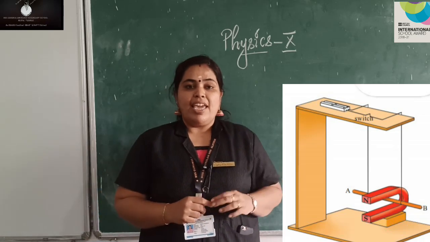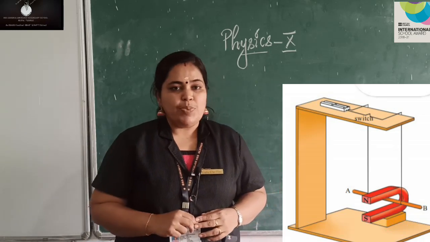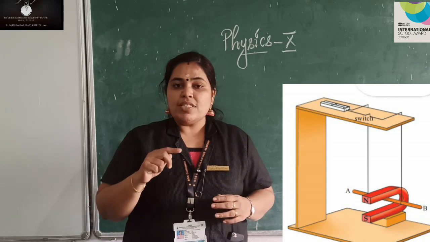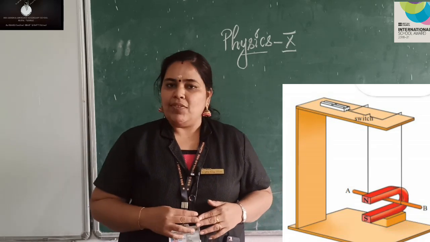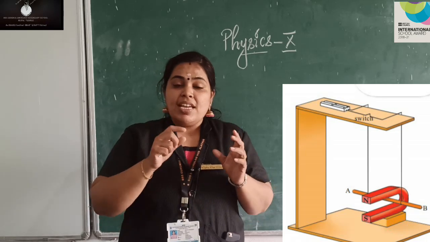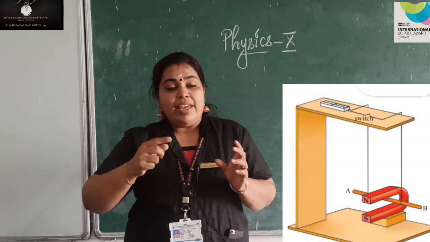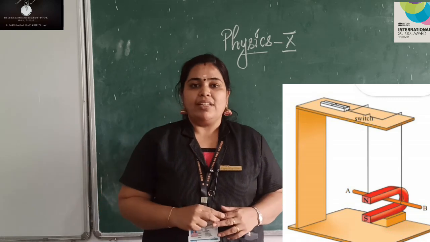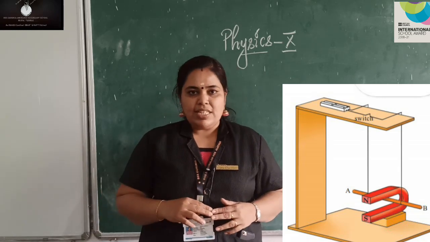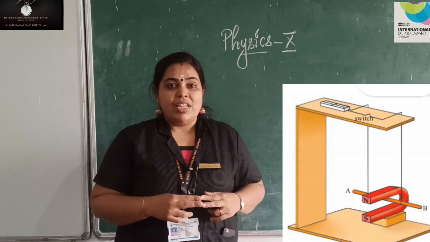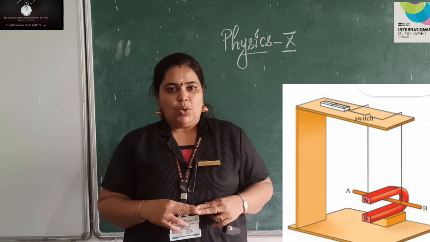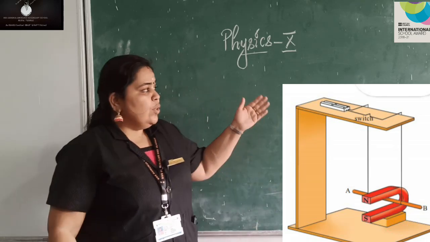Here, the conductor AB is connected to a battery through a switch, isn't it? So, when the switch is on, what happens around AB? A magnetic field is developed. And around the U-shaped magnet also a magnetic field is developed. So these two magnetic fields link and we can see what happens now.